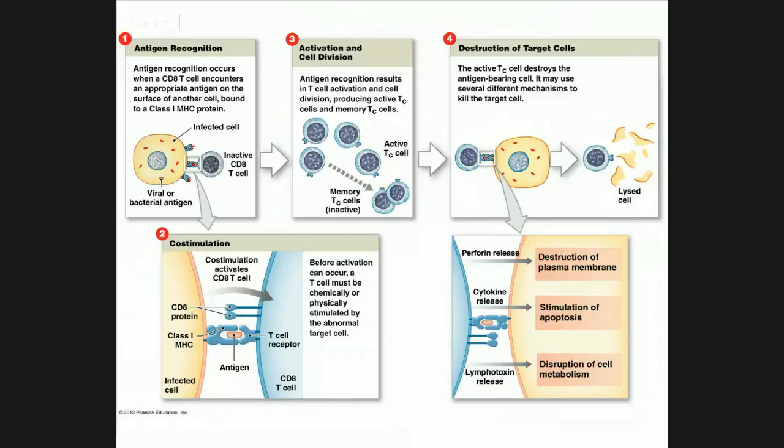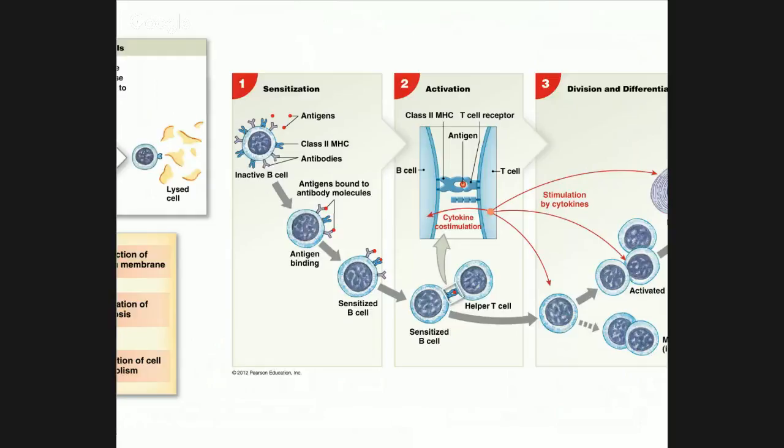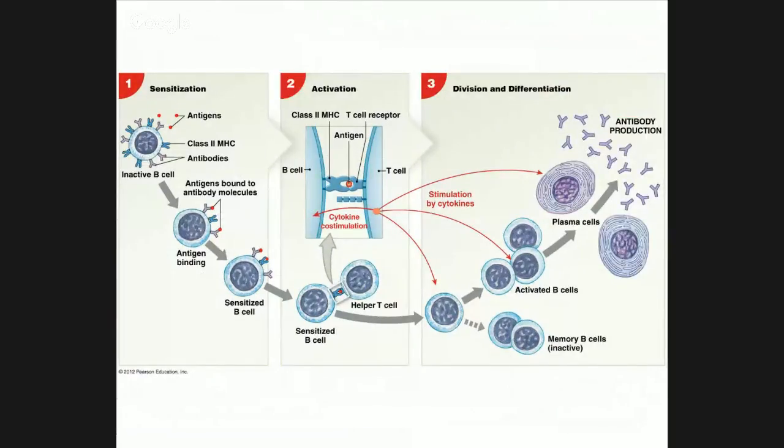The last part of the activation stuff here is about the B cells. B cells, when they're naive, when they're mature but not yet exposed to their actual antigen, have on their surface antibodies that kind of look like receptors. They haven't been secreted to float around separately. They're still attached to the cell.